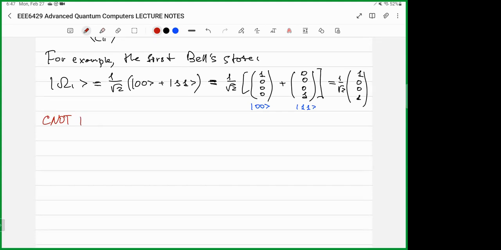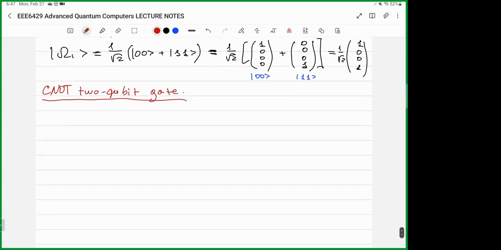CNOT two qubit gate, also known as the CX gate, or controlled sigma X gate. This C here stands for controlled.